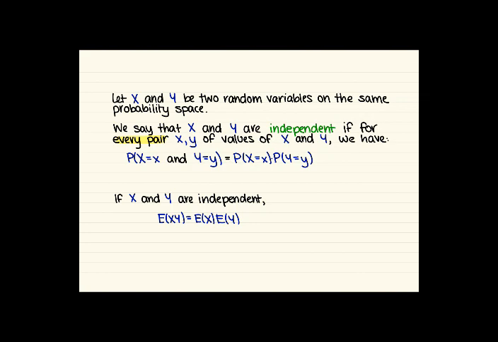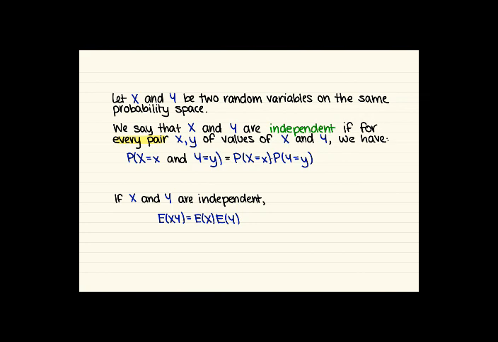This looks similar to our definition for independent events, and that makes sense because here we're really just looking at the event that X is x and the event that Y is y, and then looking at all the different possible values, it should be independent for all of those values.